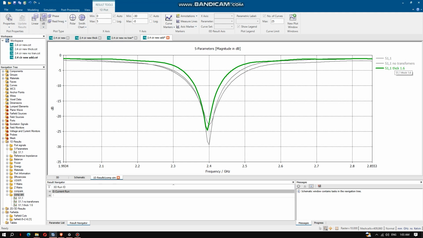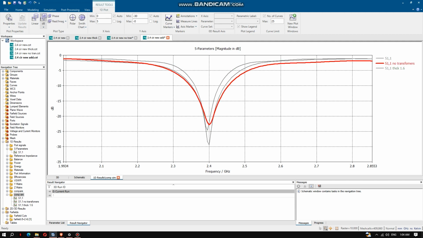In the first scenario, with a 1.6 mm substrate thickness and the transformer present in the feed line, the return loss is measured at -22.4 dB and the bandwidth is wide.